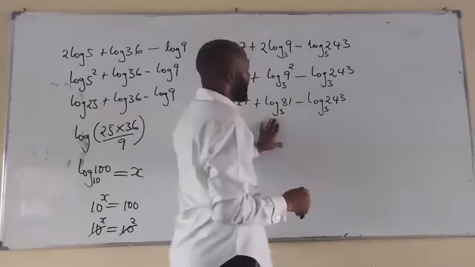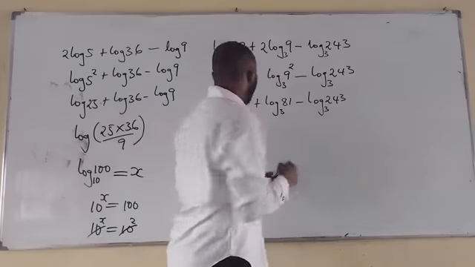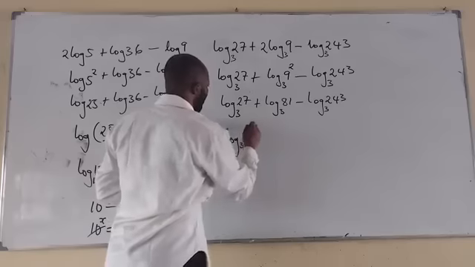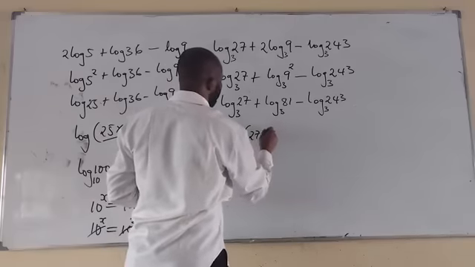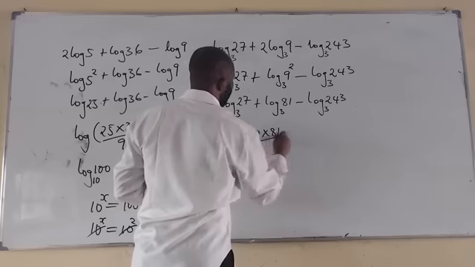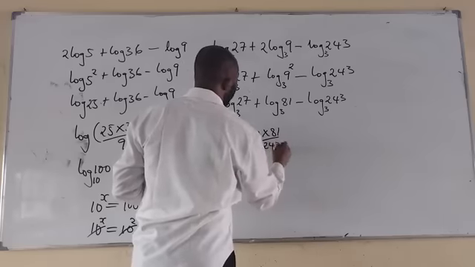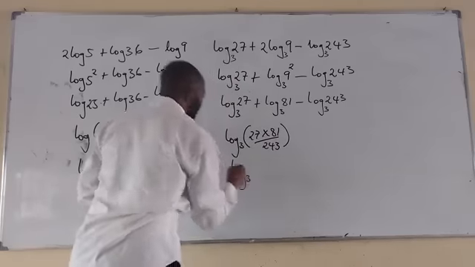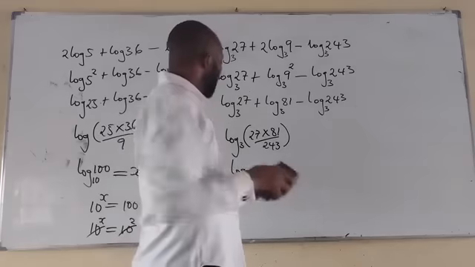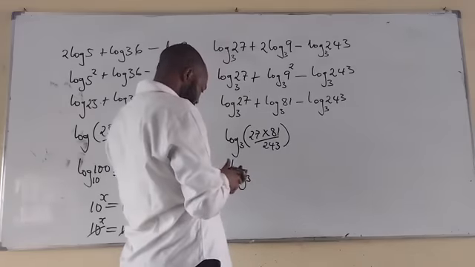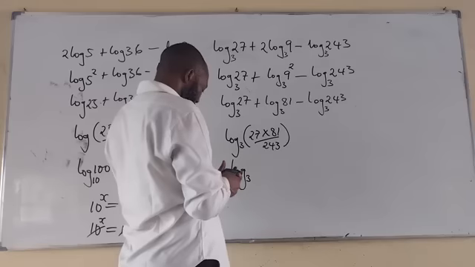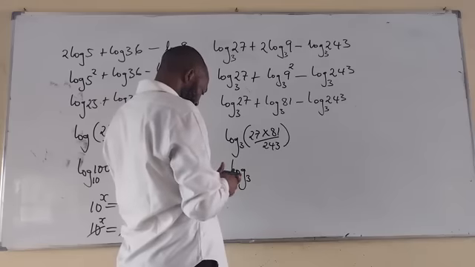Addition law, subtraction law. So I have my common log, which is in base 3, open bracket 27 times 81 divided by 243. Close my bracket. I multiply this: 27 times 81 divided by 243.